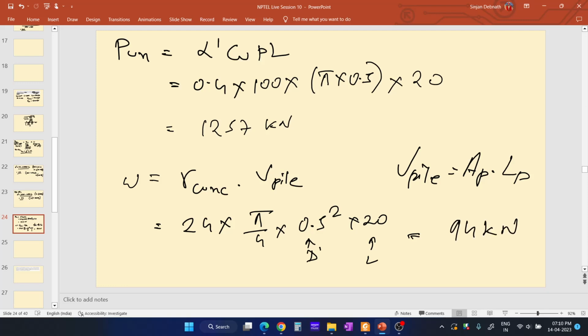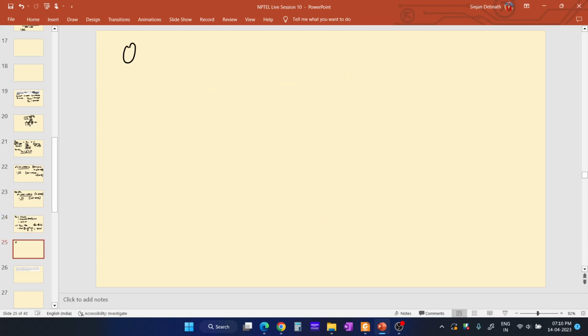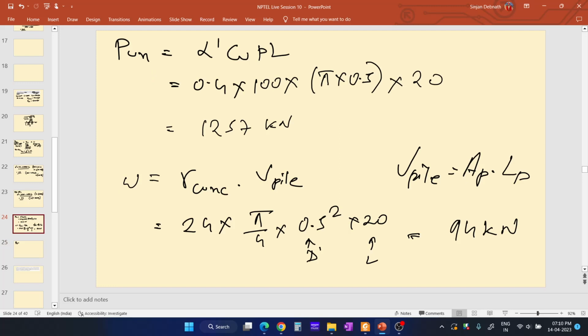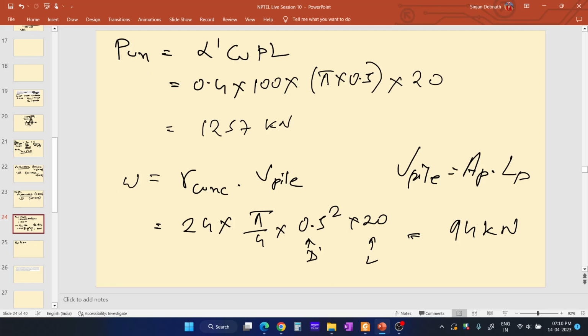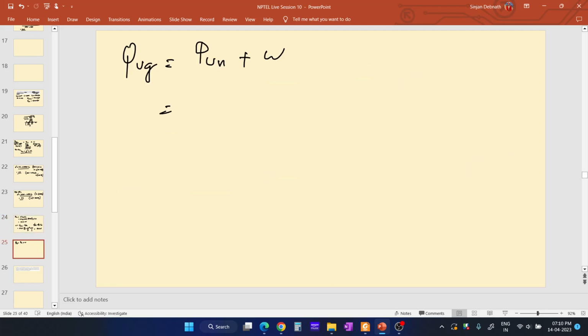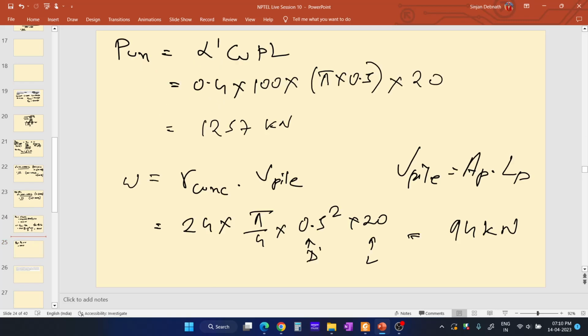So now you just need to sum both these values in order to get the gross uplift capacity. So gross uplift capacity is P_un plus W. P_un is 1257 kilonewton, and what is the value of W?